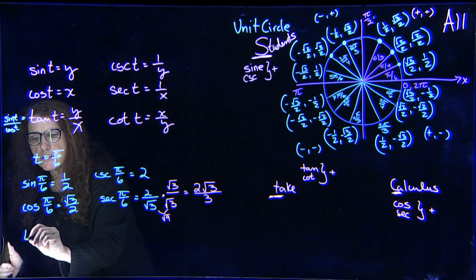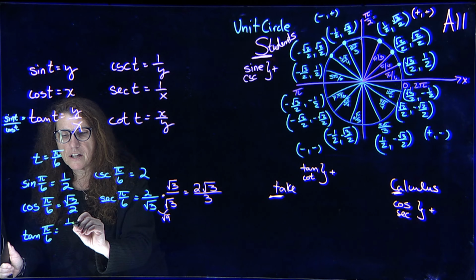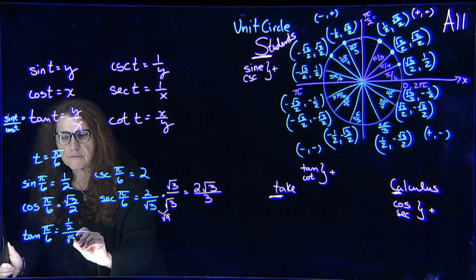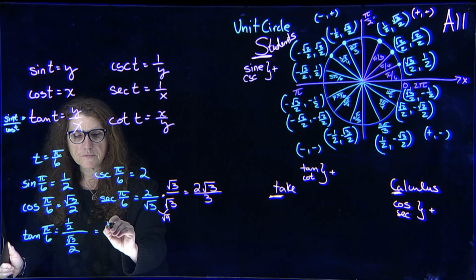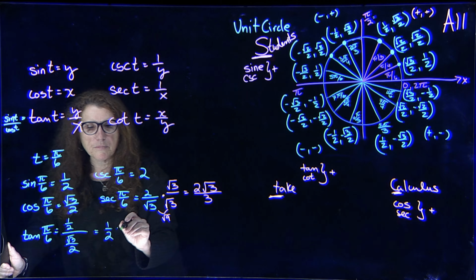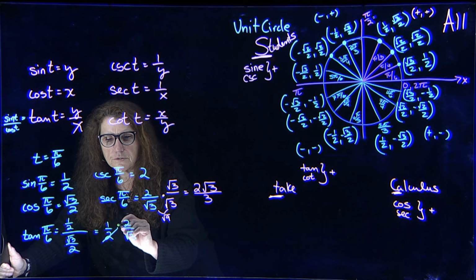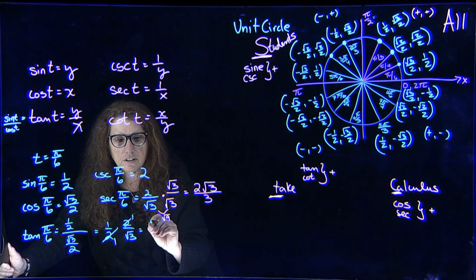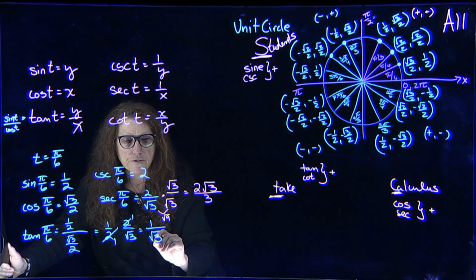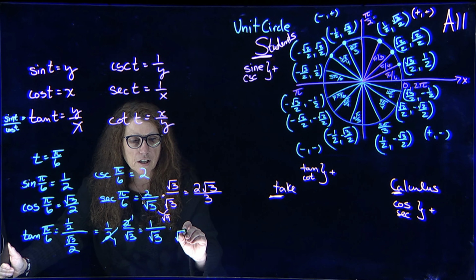The tangent of pi over 6 is y, which is 1/2, divided by square root of 3 over 2, which means we have to multiply by the reciprocal, 2 over square root of 3. The 2's reduce, and we are left with 1 over square root of 3. Again, we need to rationalize, multiply by the square root of 3, numerator and denominator, which leaves you with the square root of 3 over 3.